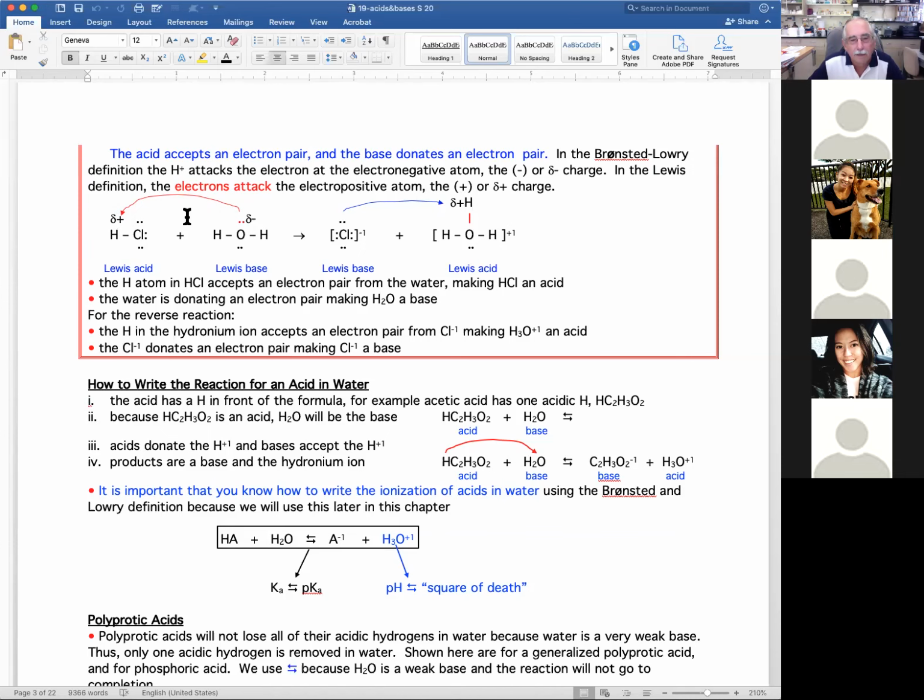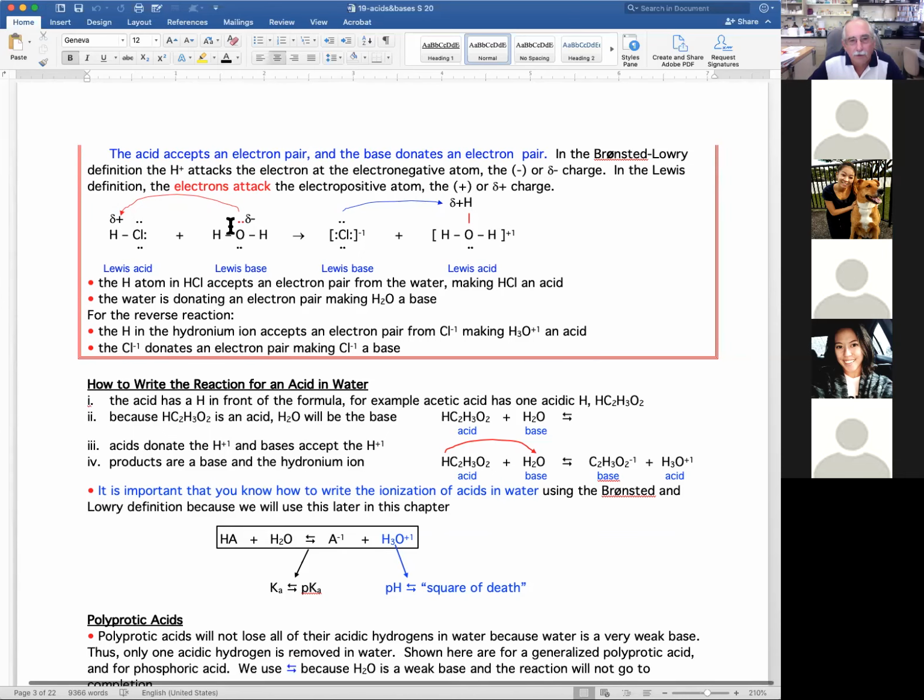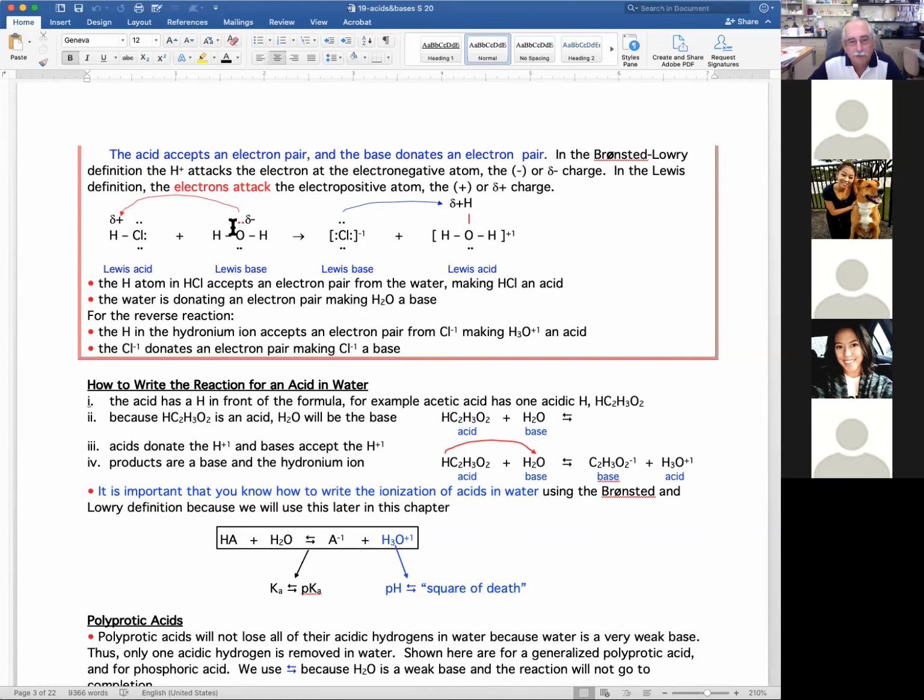So hopefully you see the difference and it makes sense to you. And what you need to understand is that an acid is an acid, no matter what definition. A base is a base, no matter what definition. The thing about the Lewis definition is that you don't even have to have an H plus or an OH minus involved, and it still works.